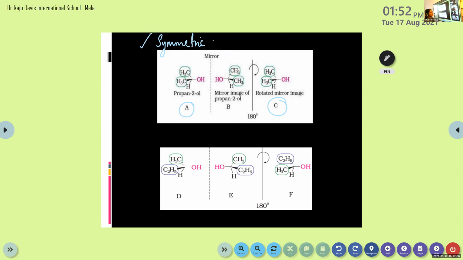If you place one above the other, you can see both the compounds clearly. A and C, not A and B. Superimposable. Yeah, right. So it is symmetric, then superimposable. A and C are superimposable mirror images.